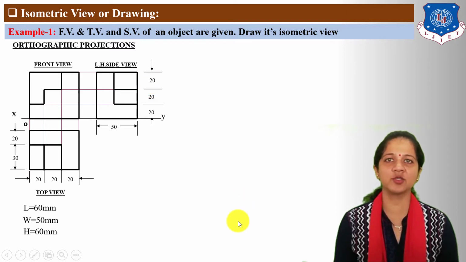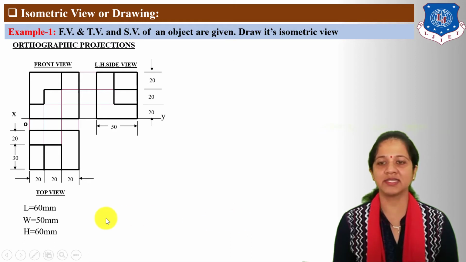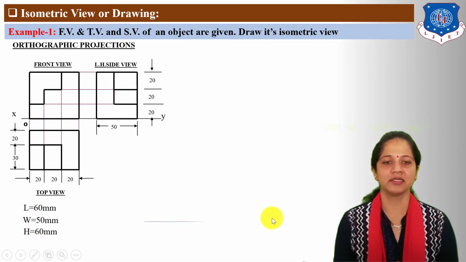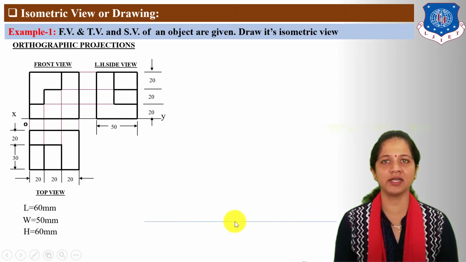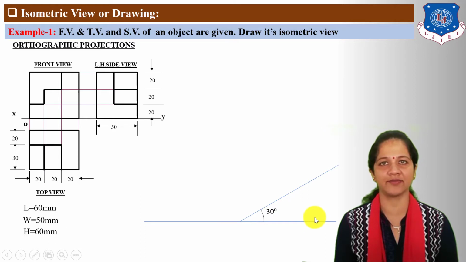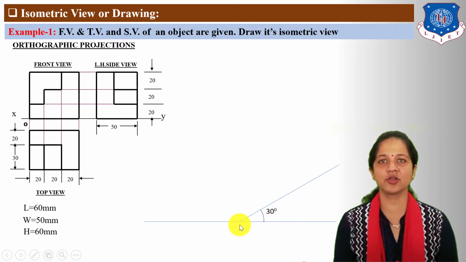Next, draw an isometric box considering maximum length, width and height. First, draw a horizontal reference line. From the horizontal reference line, draw the x-axis. Angle of x-axis is 30 degrees from the horizontal reference line. Next, draw the z-axis.